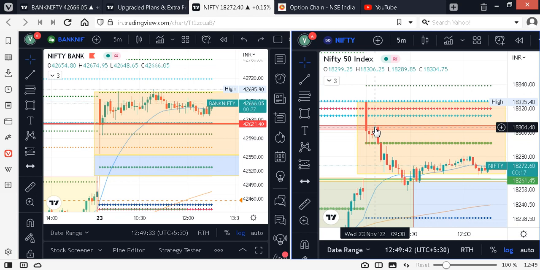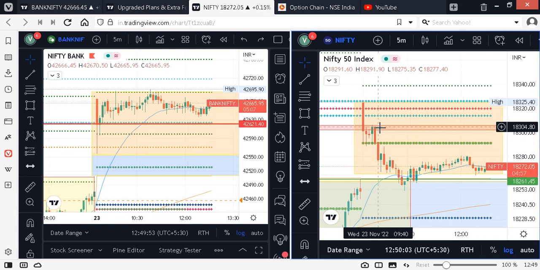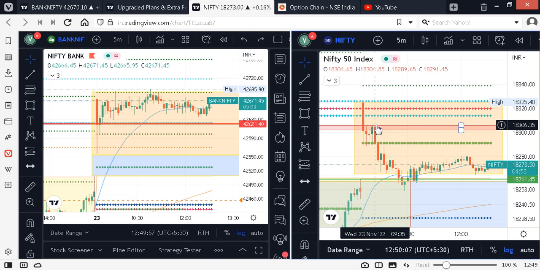What is the resultant points? Give it some room, 285, so around 20 points here. You have a 20 points stop loss here. So it matches your pre-market analysis, your lot and your stop loss points.